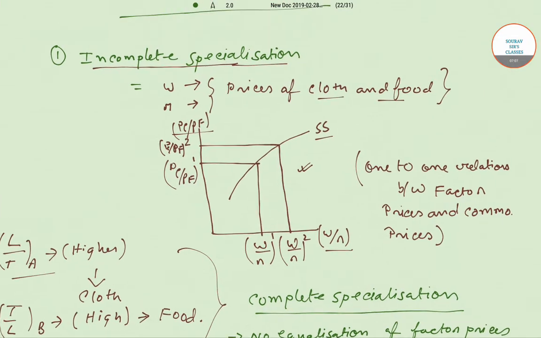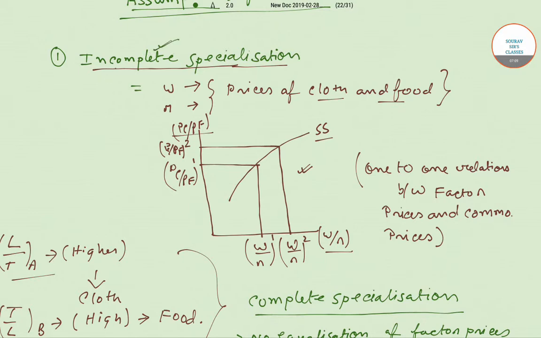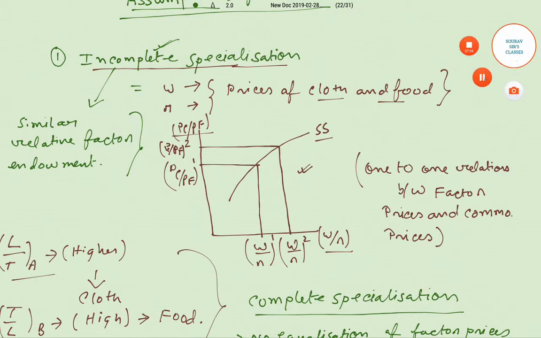So incomplete specialization takes place when there are similar relative factor endowments, that is, both countries produce both commodities.